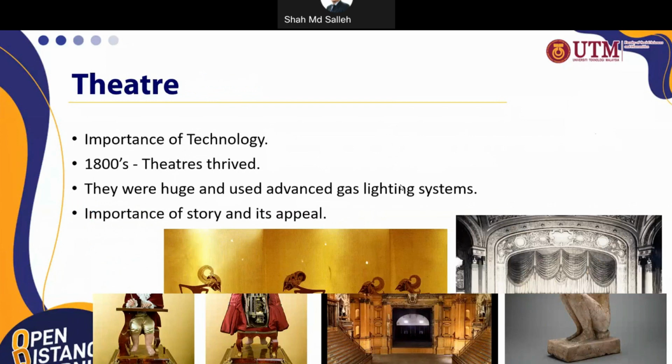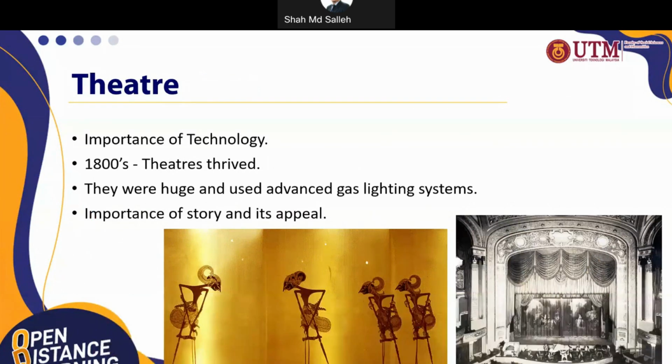And then starting in the 18th century, theater was produced as some kind of entertainment. Theater is one kind of entertainment for that era. There were huge productions and they used an advanced gas lighting system.